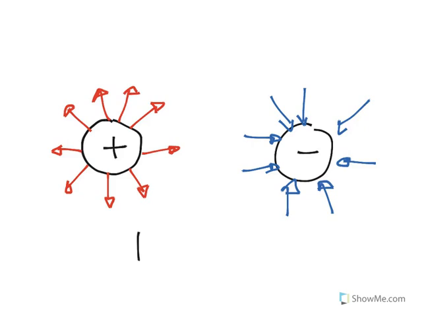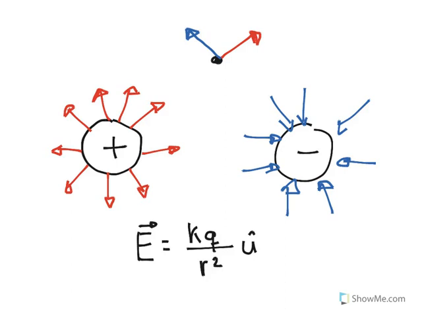The electric field is also a vector. It has direction, and it's the constant k times the charge we're analyzing over r squared times the unit vector. So if I want the electric field here, I will have the electric field generated by the positive charge, and towards this direction the electric field generated by the negative charge. Sorry, but in this case it will go towards the inside, which will move the vector towards this direction.